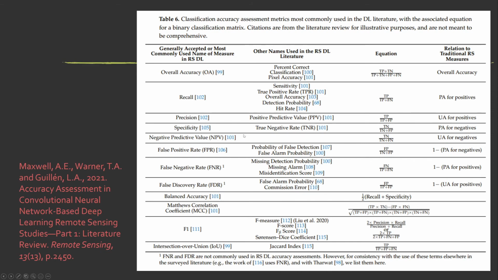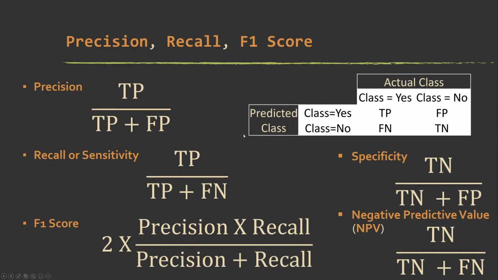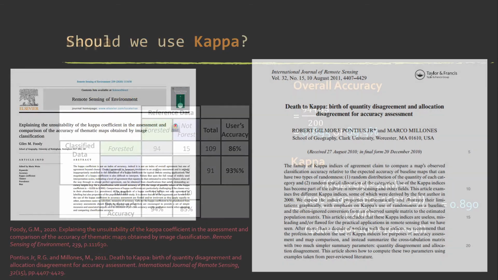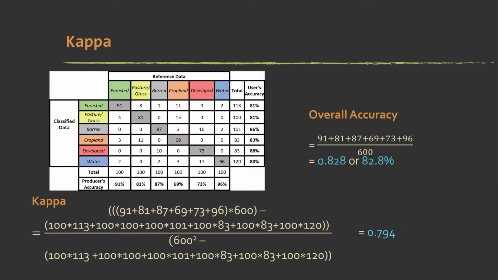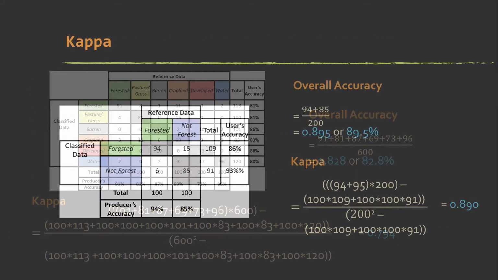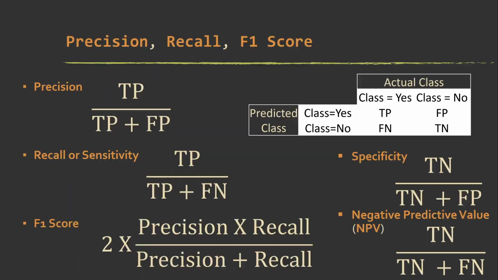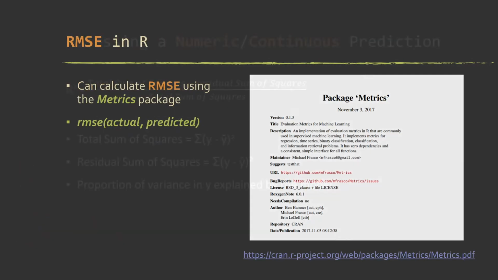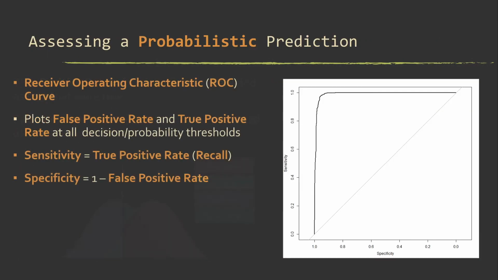So these are effectively looking at producer's accuracies for the two classes. And if we go back even further to when we were talking about users and producers' accuracy, that's going to be omission error, relative to the true class and the negative class.